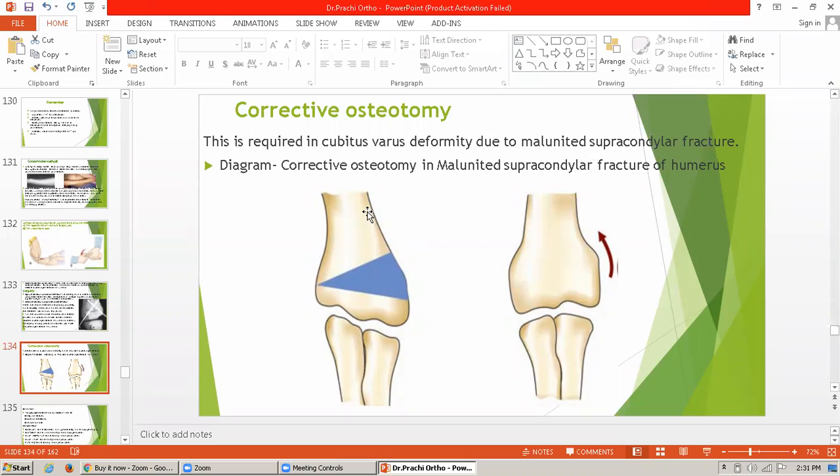In this diagram, there is a corrective osteotomy in a malunited supracondylar fracture of the humerus. So, this is the humerus. This is the supracondylar region of the humerus where the fracture has occurred. This corrective osteotomy is done in a malunited supracondylar fracture of the humerus.